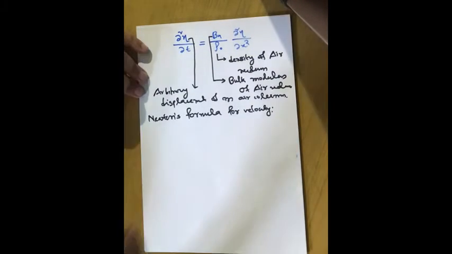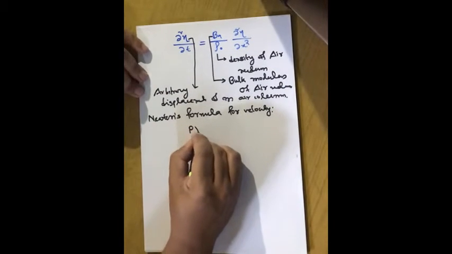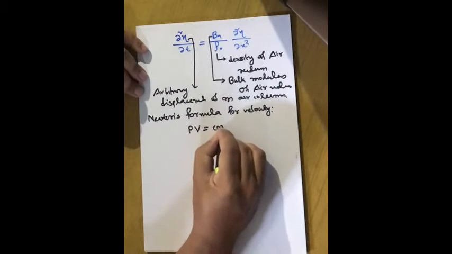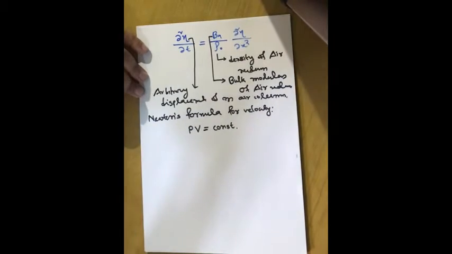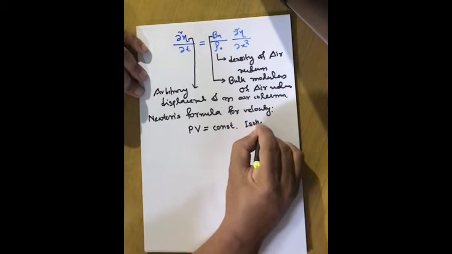Okay, so if the pressure and the volume of that air column are P and V, and we consider the ideal gas equation, we can write PV = constant. This is for an isothermal process.